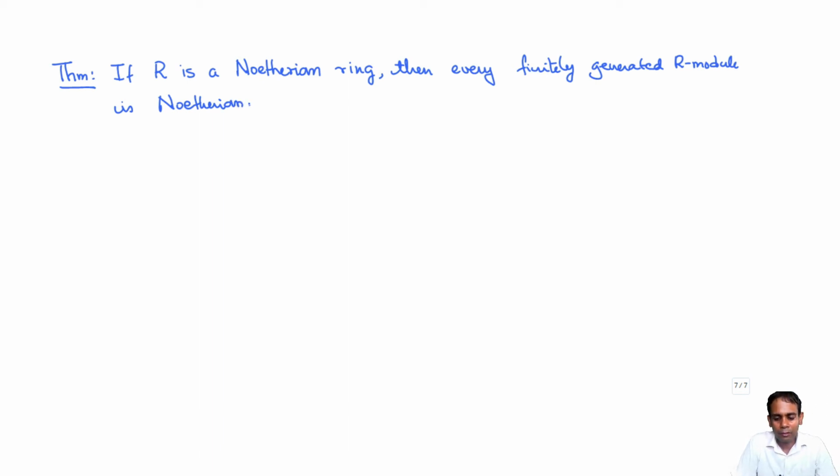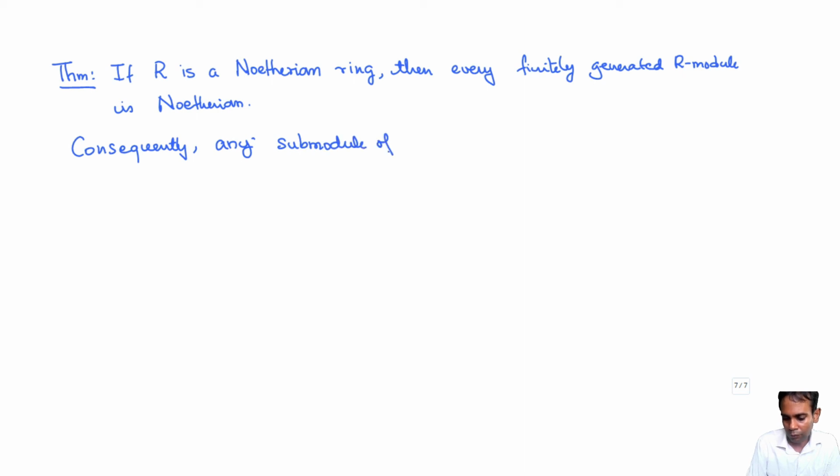In particular, it will follow that if you have a submodule of a finitely generated R module, then that will again be finitely generated. Any submodule of a finitely generated R module is finitely generated.